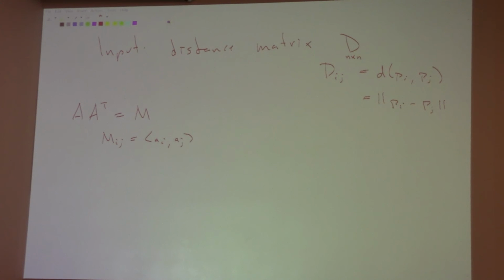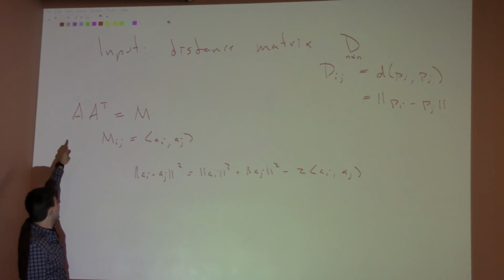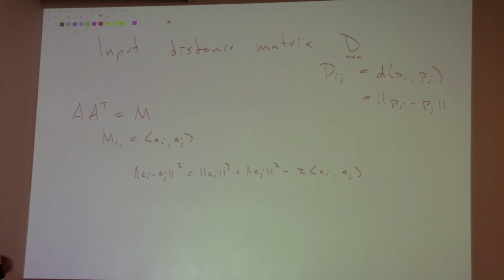I can write out that ||ai minus aj|| squared is equal to ||ai|| squared plus ||aj|| squared minus 2 ai dot aj. So if I have these, I can convert into these inner products. Then I can treat the inner products as A transpose A, do the eigendecomposition, take the first 2 or 3 dimensions of that, and use that to draw these points.